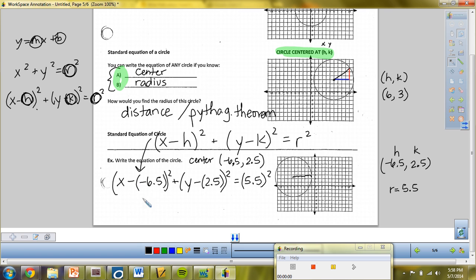So then I want to simplify my groups as much as I can for my final equation. So what happens when I minus a negative?